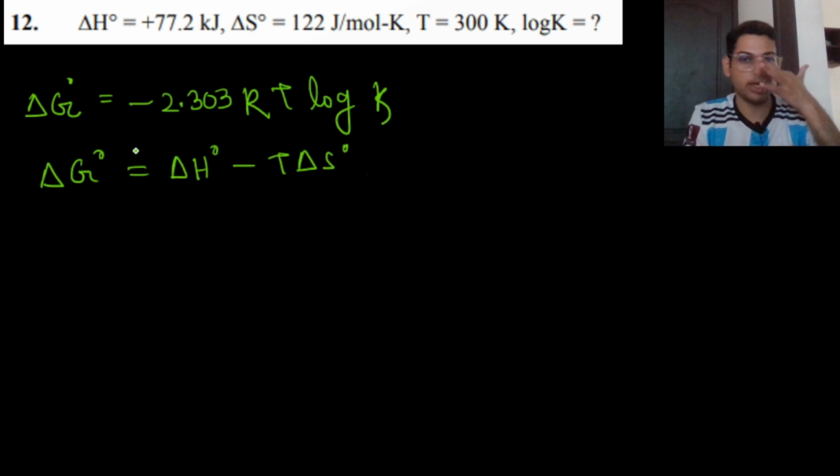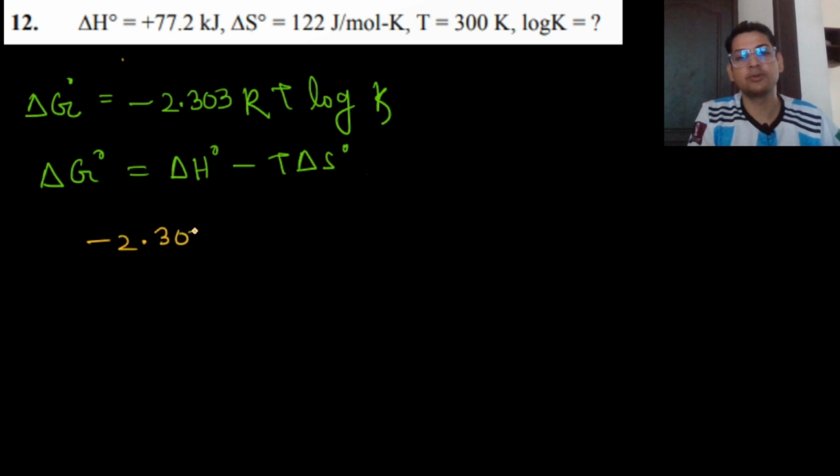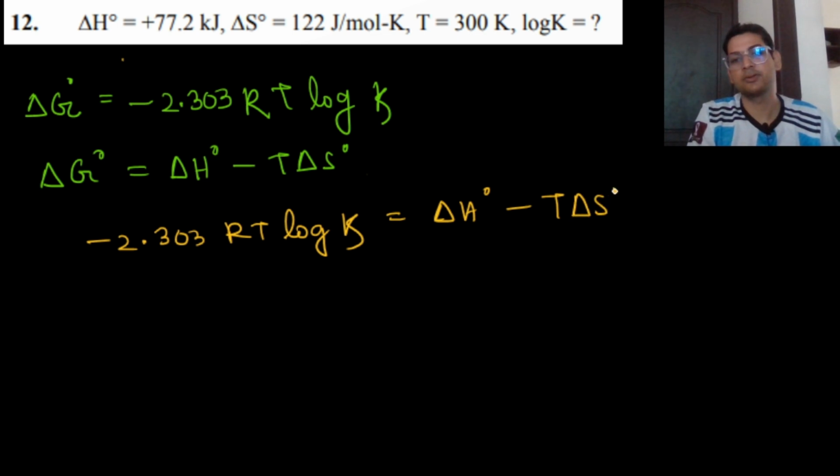So if I equate these together, then I will get minus 2.303 RT log K is equal to delta H naught minus T delta S naught, right?